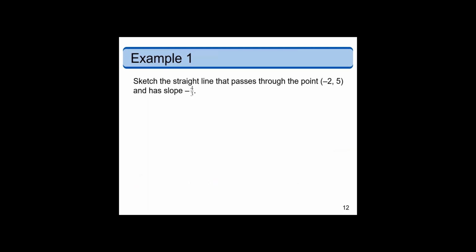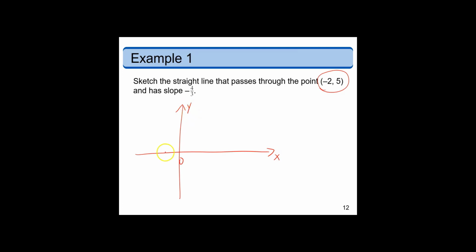Now let's take a look at this. Sketch the straight line that passes through the point (-2, 5) with slope -4 over 3. So we are given a point and a slope, and we try to plot it. First of all, you plot the given point.